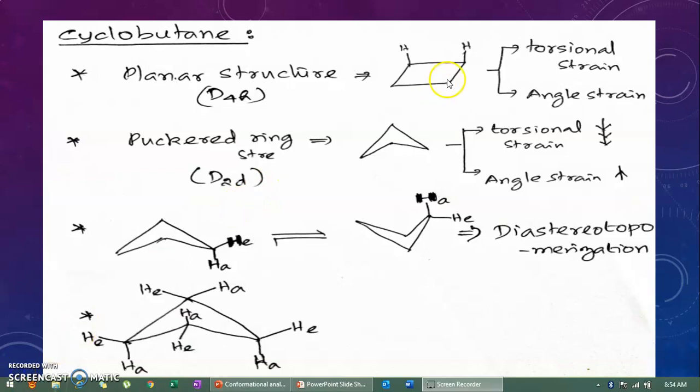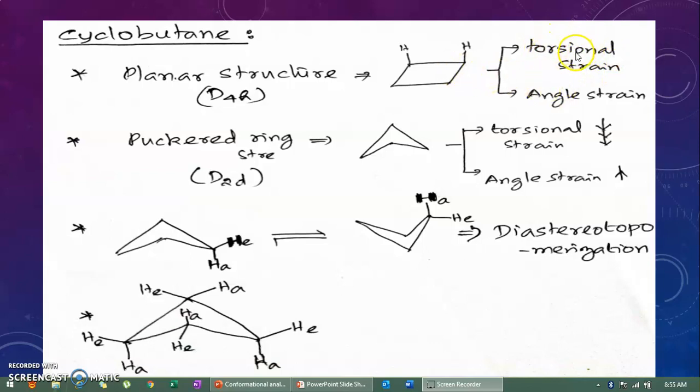Above the plane we have 4 eclipsed interactions of hydrogen, and below the plane we have 4 eclipsed interactions of hydrogen. So altogether there are 8 eclipsed interactions. Roughly 1 kilocalorie per mole per interaction gives 8 kilocalories per mole of potential energy to the molecule. This is called torsional strain, or eclipse strain.